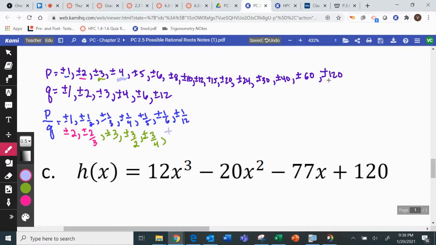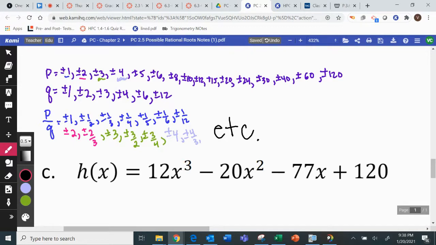Plus minus 4 over 1, and 4 over 2, which is 2, and I already wrote that one. 4 over 3 is new. 4 over 4 is 1. 4 over 6 is 2/3, and 4 over 12 is 1/3, and we have those. So I'm not going to finish this list. I wanted to give you an idea of the different combinations and how a lot of them will reduce. So now let's finish this question.